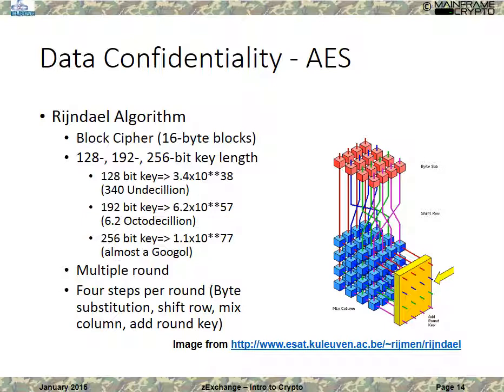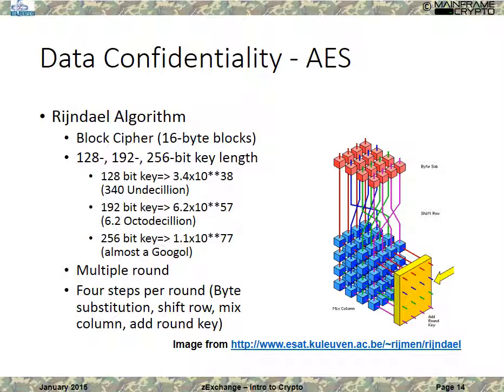Now, AES is a little bit different in that it works on 16-byte blocks of data. Against those 16-byte blocks, you can apply different key lengths. You can use 128, 192, or 256-bit keys. If you use a 256-bit key, there are 1.1 times 10 to the 77th possible key values.